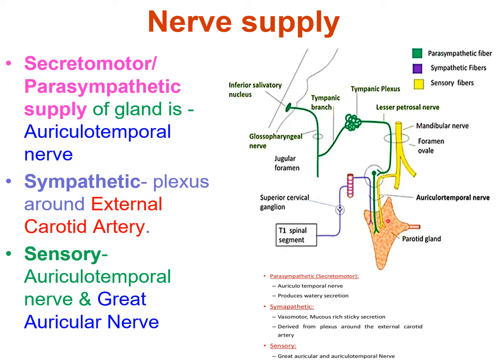So if we discuss the secretomotor or the parasympathetic supply of the gland, it is derived from the auriculotemporal nerve, here depicted in the yellow. This is also carrying the sensory fibers. The sympathetic plexus is derived from the plexus around the external carotid artery. The parasympathetic or the secretomotor supply is through the auriculotemporal nerve and it produces watery secretion.